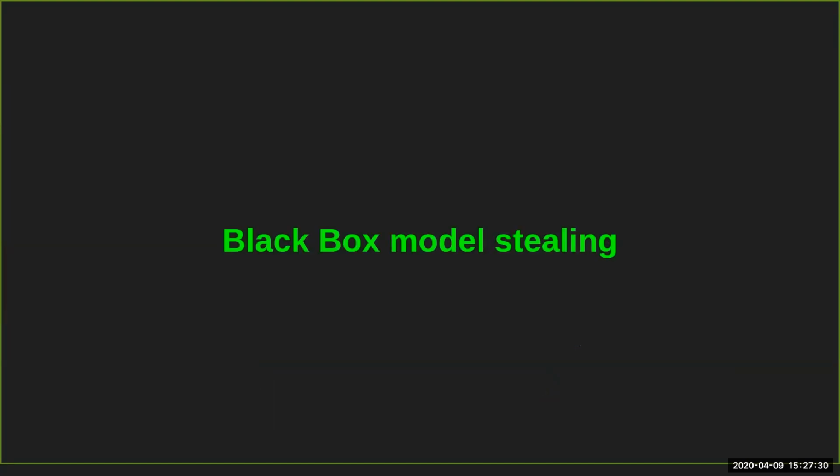So let's talk about black box model stealing attacks. What if the model is stored on cloud? You cannot use reverse engineering to get the model. Obviously, you can have some web-based attacks to get access to that model, but let's assume that we don't have any web-based vulnerability which will give you direct access to the storage space where the model is stored.